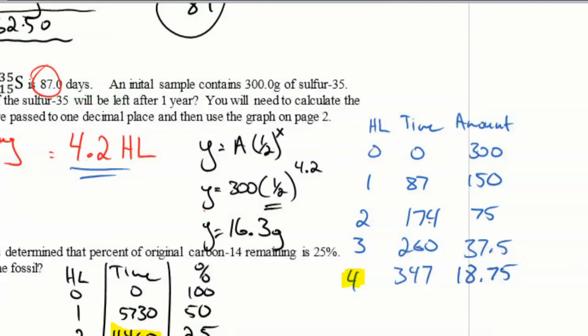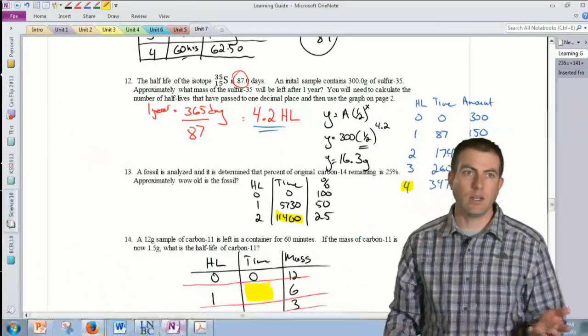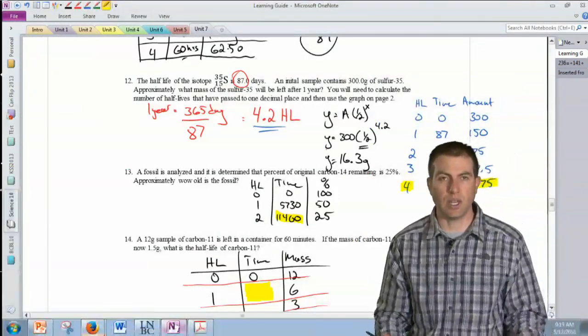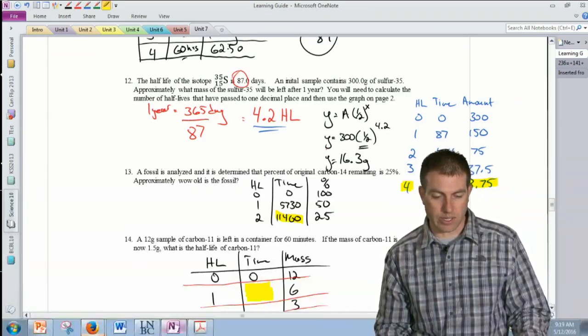Now the question is asking not 4 half-lives, but 4.2. So we should be close to that 18. The 16.3 that we got using that formula actually kind of works, so I'm thinking we did it right.